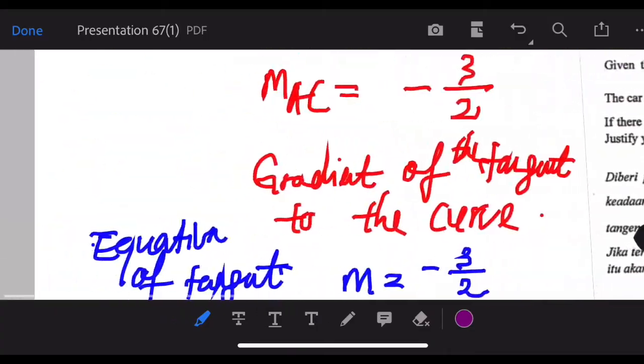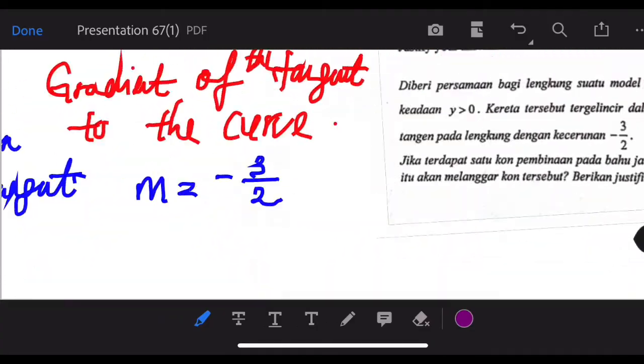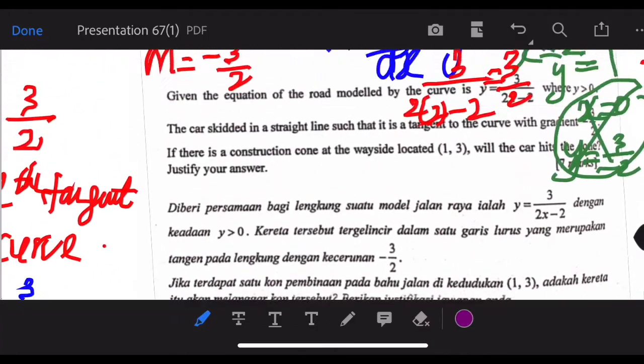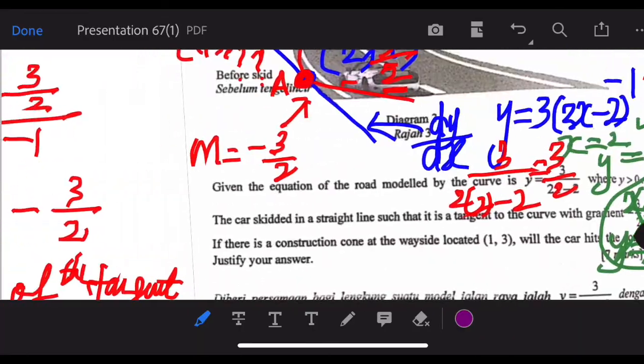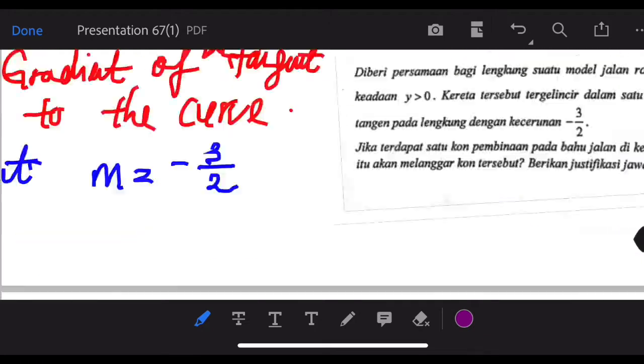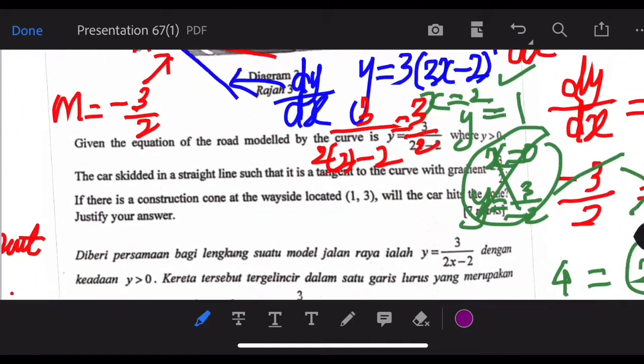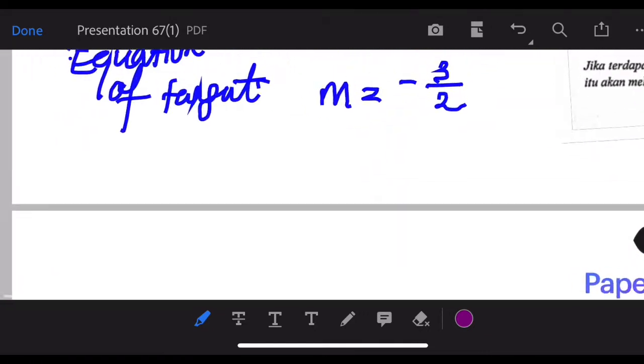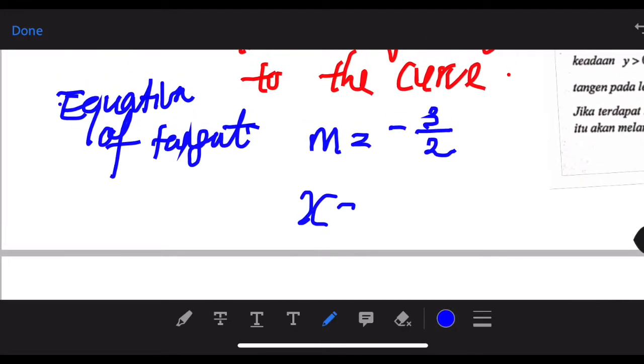And then because we have the point given, we have x is 2, and what is the y?